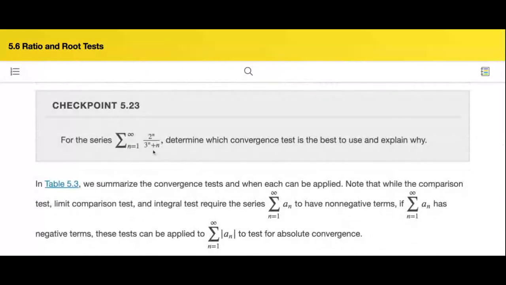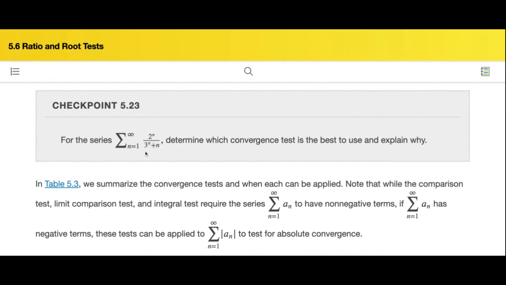So let's all do this one. Okay, this one is a trouble one, right? If we don't have a 3 raised by n plus n, we think, okay, maybe we can use the root test. But here we have 2 raised by n over 3 raised by n plus n. So try it. The numerator 2 raised by n is an exponential function.